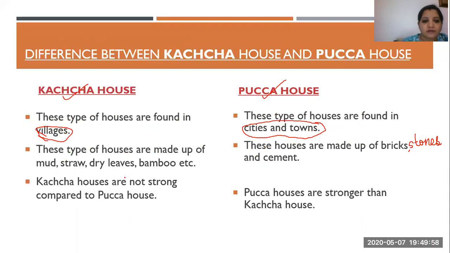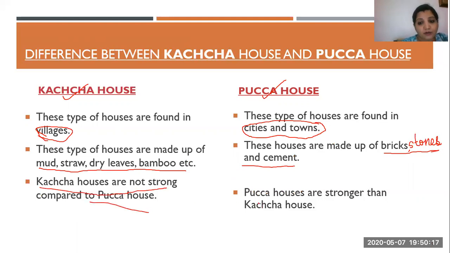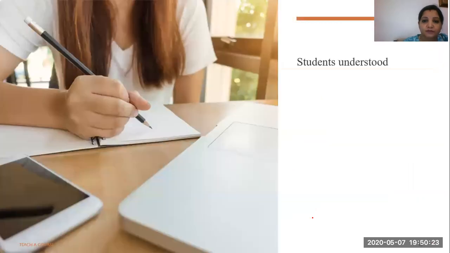And these kacha houses are made up of mud, straw, dry leaves, and bamboos, whereas a pakka house is made up of bricks, stones, and cement. Understood, children? And a kacha house is not strong compared to pakka house, whereas a pakka house is stronger compared to a kacha house. I hope all of you understood this much.